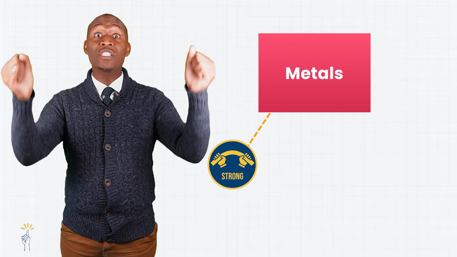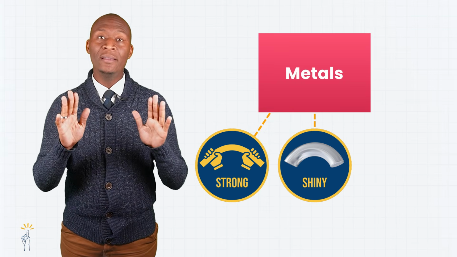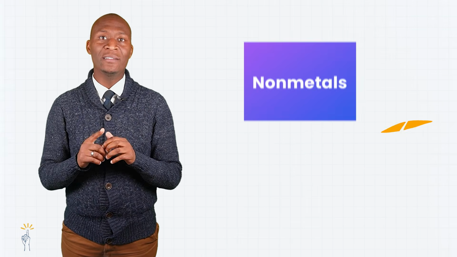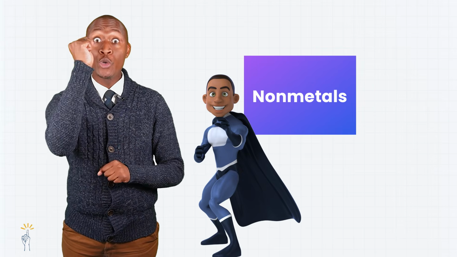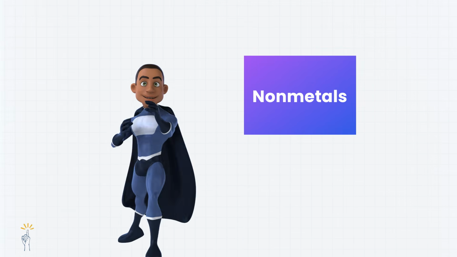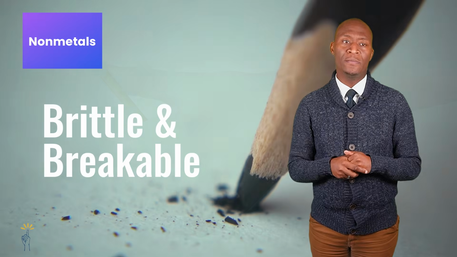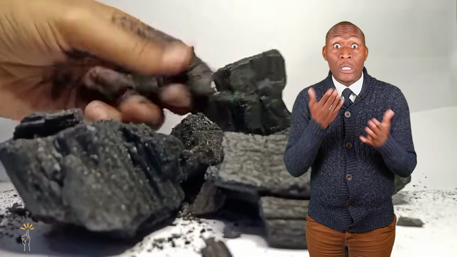While metals are strong, shiny, and good conductors of electricity, nonmetals have their own superpowers. The first characteristic of nonmetals is the fact that they are brittle and breakable. If you try and bend a nonmetal too hard, it'll probably break or crumble.